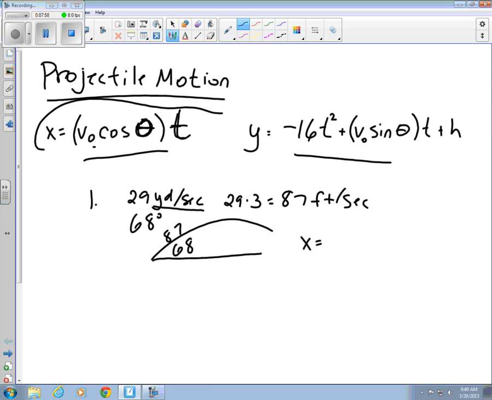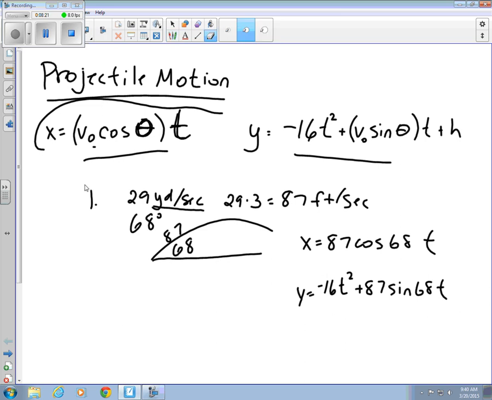So x equals v cosine theta times t, 87 cosine 68 times t, and y equals negative 16t squared plus 87 sine 68t. Because it's a football player kicking it off the ground, the height is 0. So this would be plus 0, which honestly you wouldn't even write. So he's kicking it off of the ground.